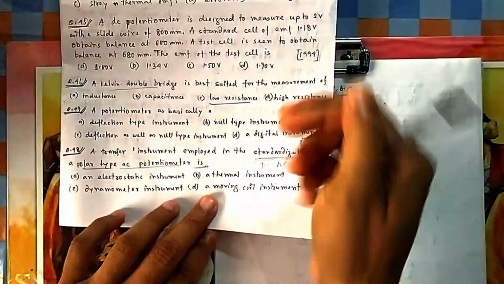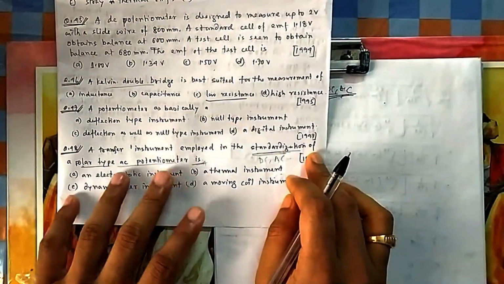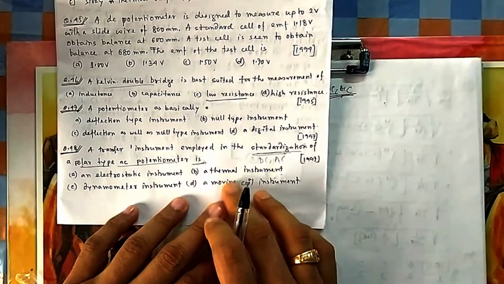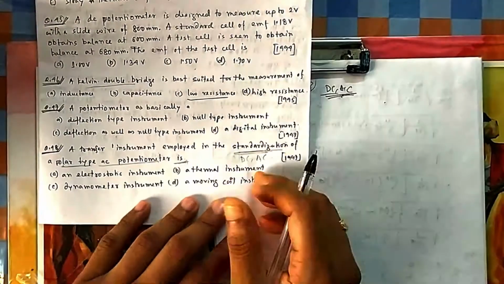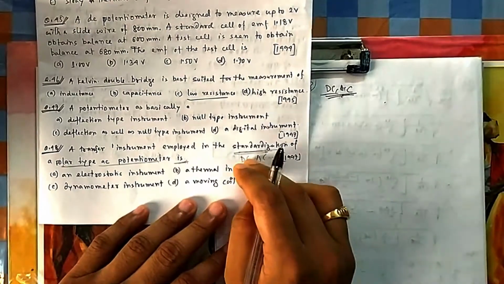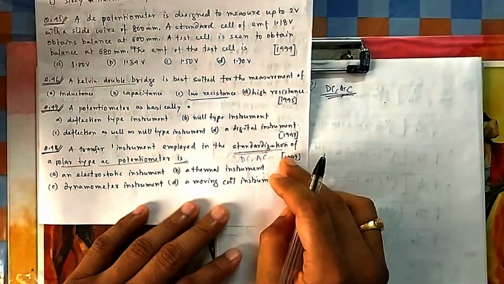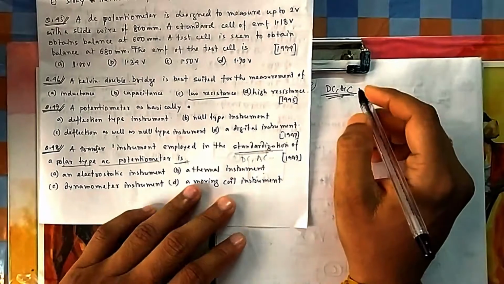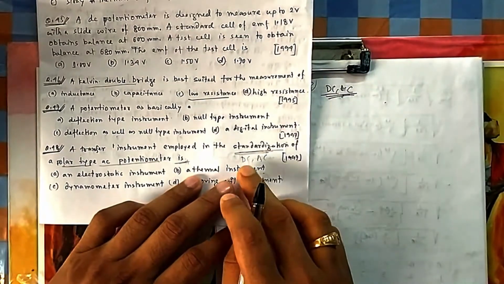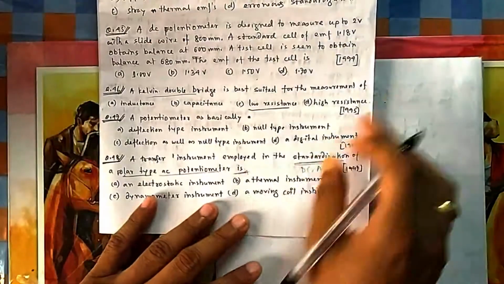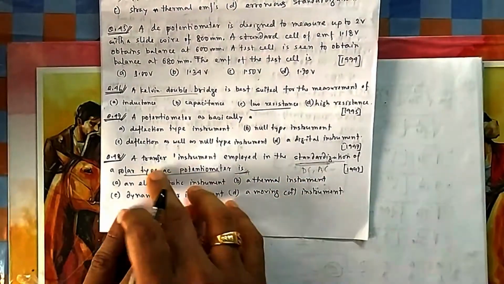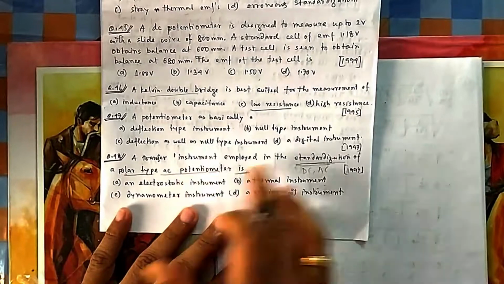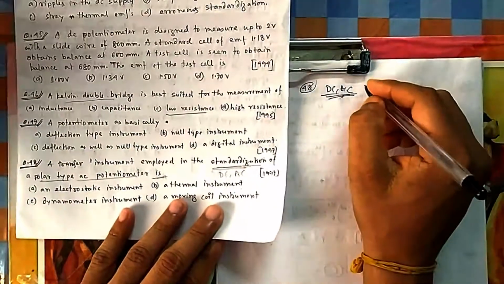As there is also a thermal EMF concept in AC potentiometer, we need an instrument which can tackle that situation. You can remember it this way: an instrument that can be used for both DC and AC has to be used. That's why thermal instrument, because it works on the thermoelectric effect, on a junction point of metals, and here also there are metal junctions. So it is option B, 48.